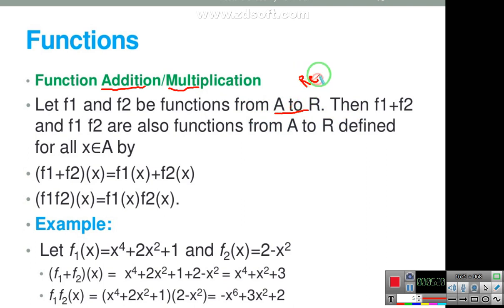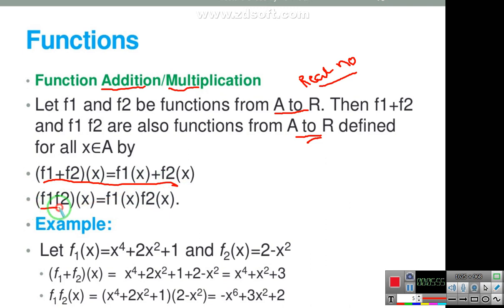So A will belong to the real numbers, and then f1 plus f2 and f1 multiplied by f2 are also functions from A to R. Again, when you are putting a real number in a function, the result will be a real number, defined for x belonging to A. So this is the way of addition. You can also add like this, it's the same.